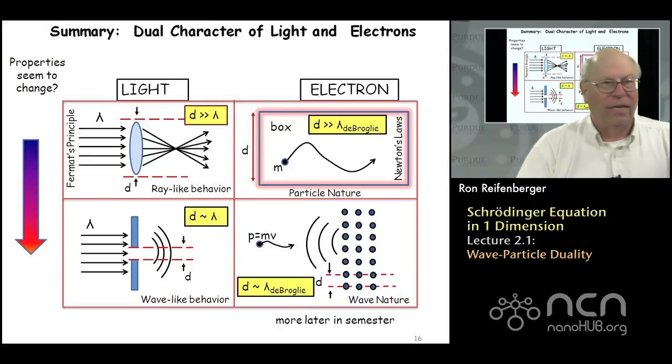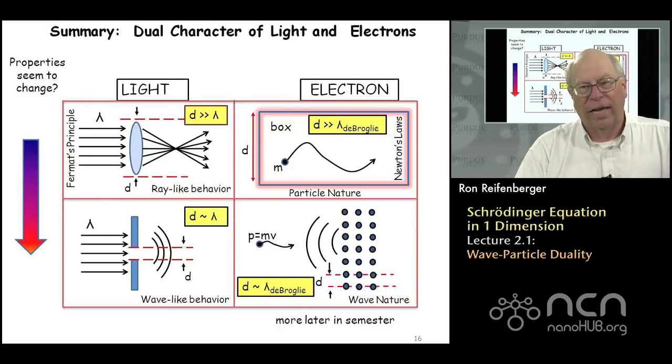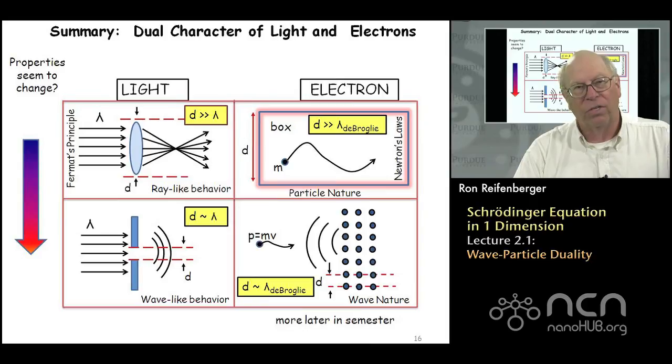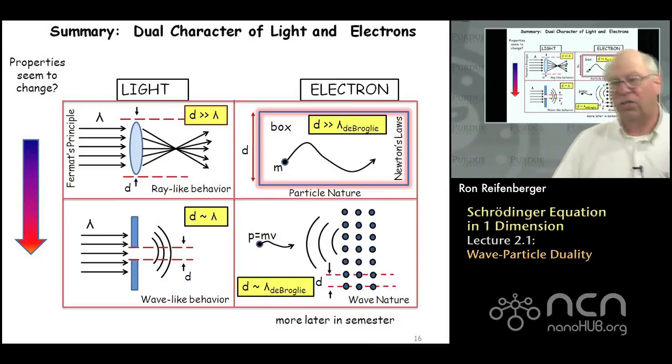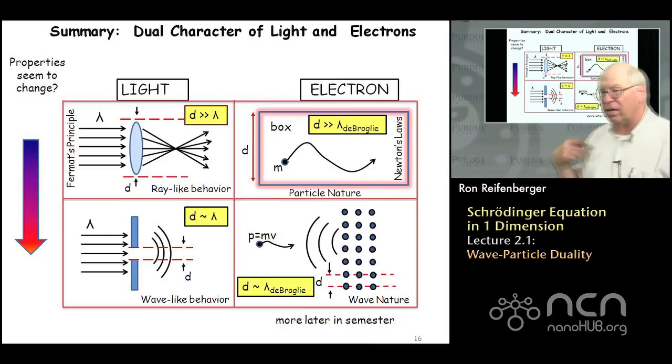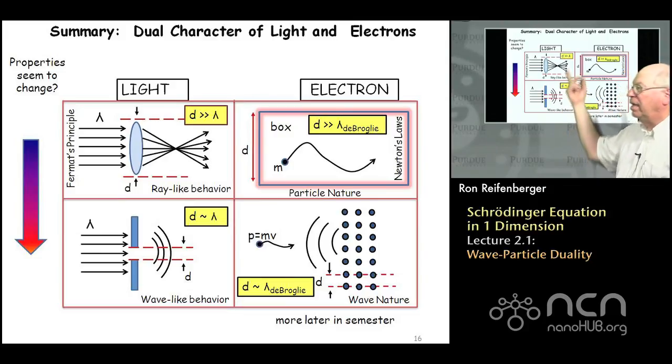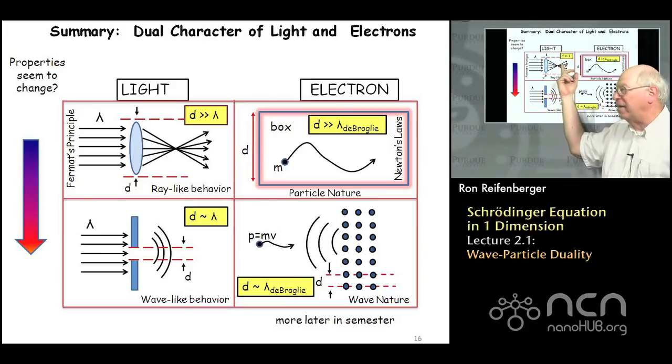The final slide is just an attempt to summarize this lecture in words or in pictures. I tried to show the dual character of light and electrons in a parallel way. I tried to make the case that if light is passing through large objects like lenses, then you can treat the physics of that by treating light as rays.